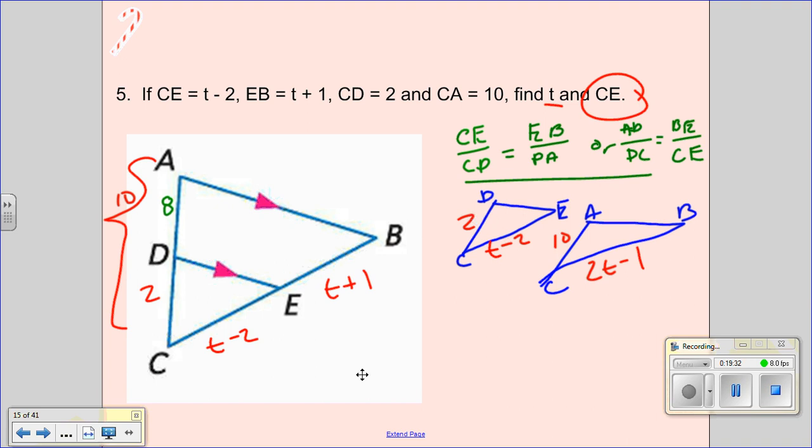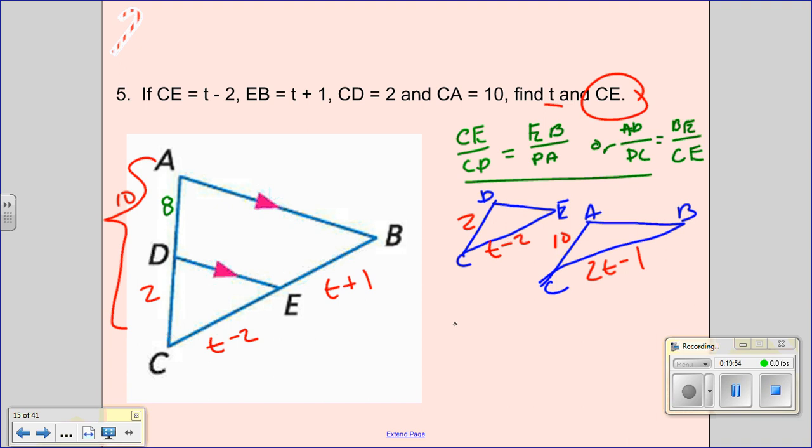So if I were you, there's really not an easy way to do this because just about all of them involve having to use both t minus 2 and t plus 1. So it really does not matter what proportion you use.